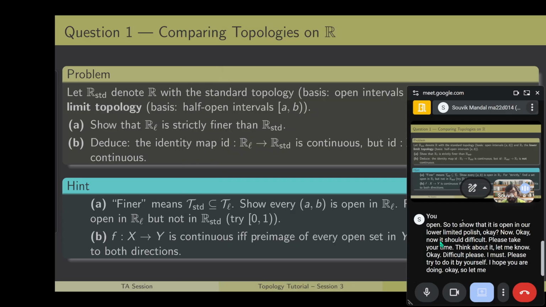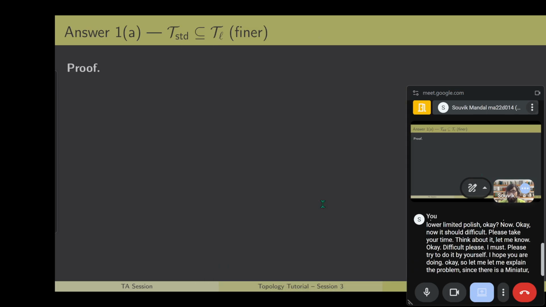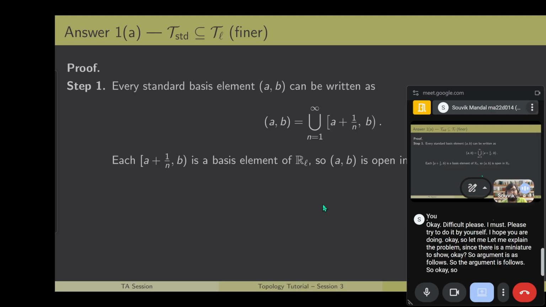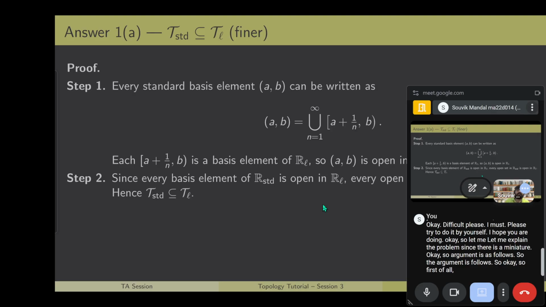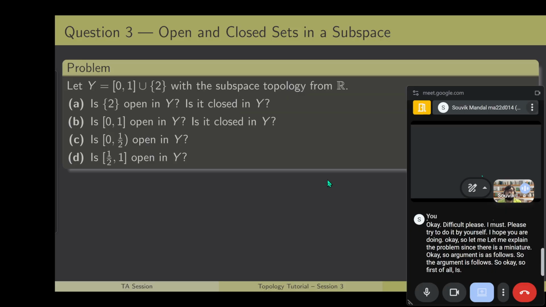Okay, let me explain the problem since there is some network issue. The argument is as follows.